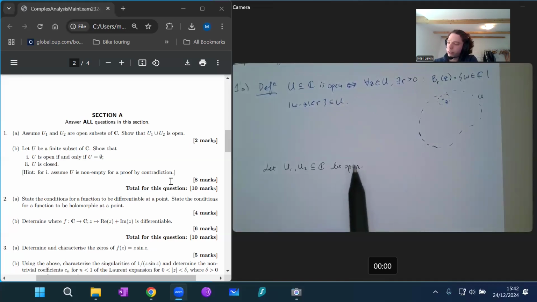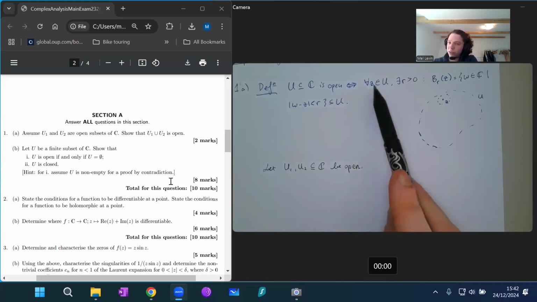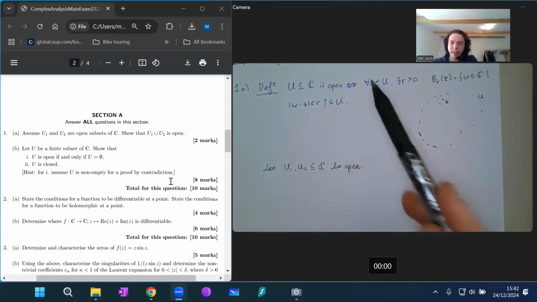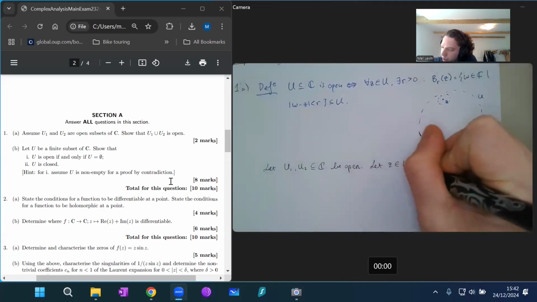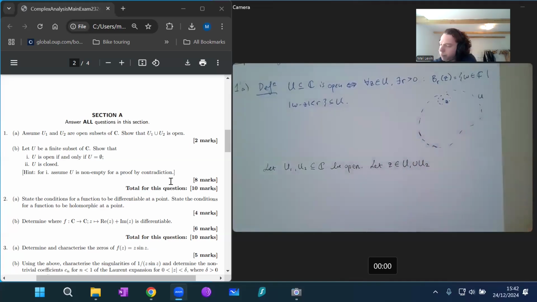To show that U1 union U2 is open, we need to start with an arbitrary Z in the union. So let Z be in the union. And we need to show there exists a ball centered around Z contained within the union.